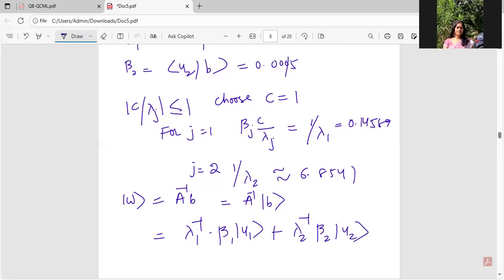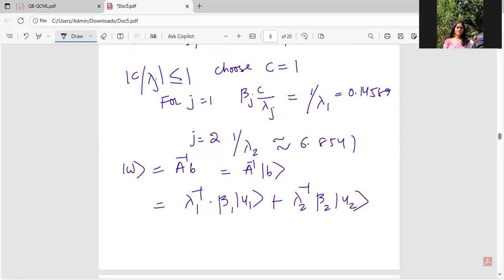If you find this value, it turns out to be something like 0.106, 0.106, guys. 1 by lambda 1 and 1 by lambda 2 I already found, so this turns out to be that. Hence you can write.